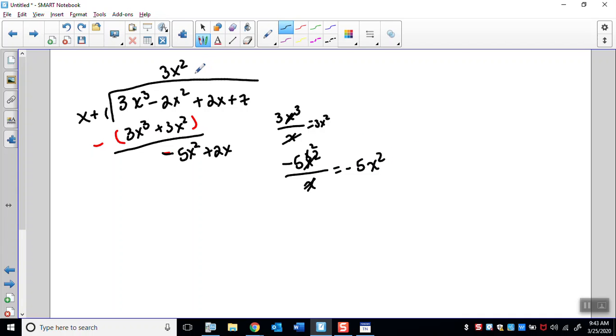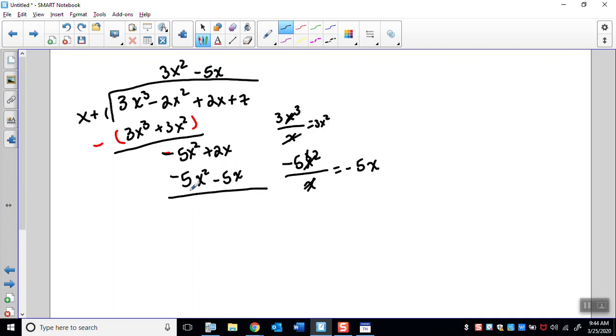Okay, so you do put negative 5x up here, and then you multiply it back out. Negative 5 times x is negative 5x squared. That is x squared, because x times x is where the x squared comes from. Negative 5 times 1 is negative 5x.